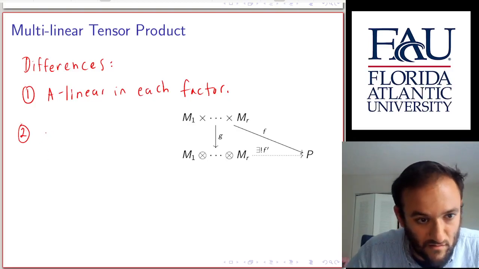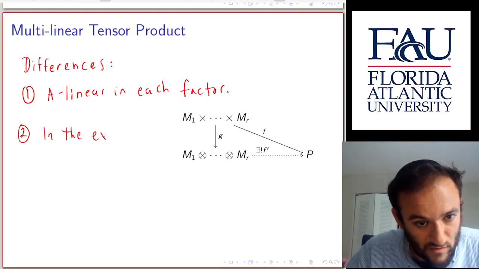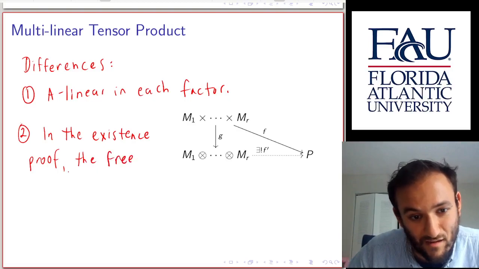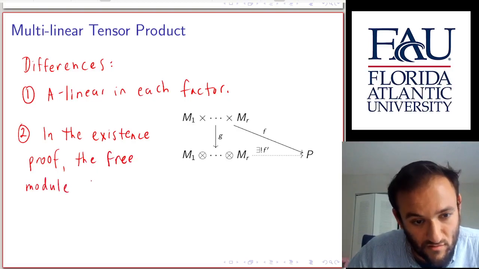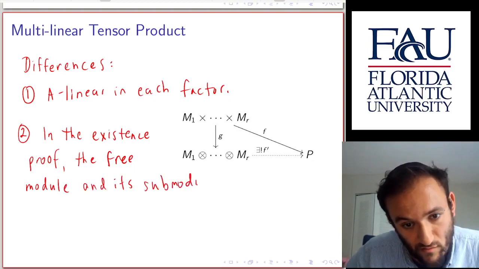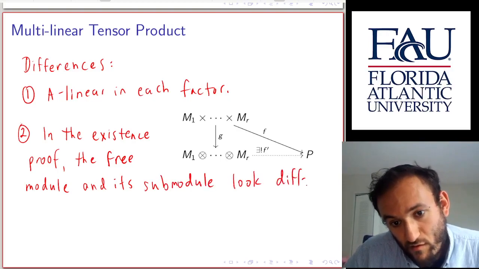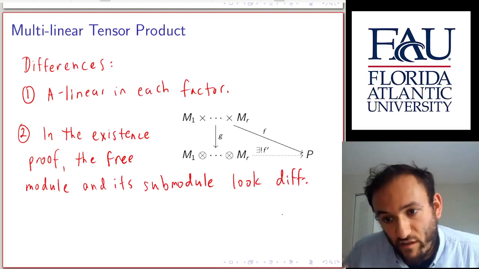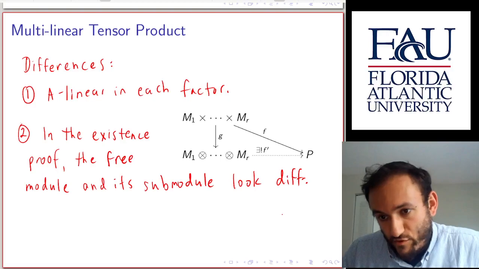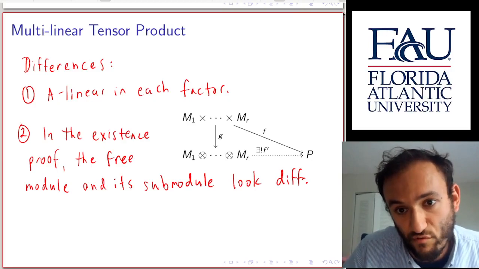That means that in the corresponding existence proof, the free module and its submodule look different. But otherwise, because you have this neat universal property, which characterizes it pretty nicely, the rest of it carries through in the same way.